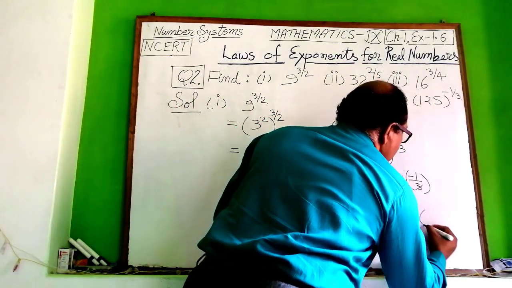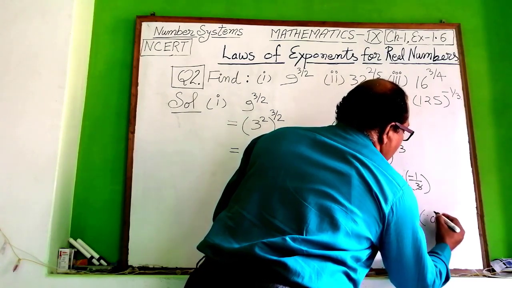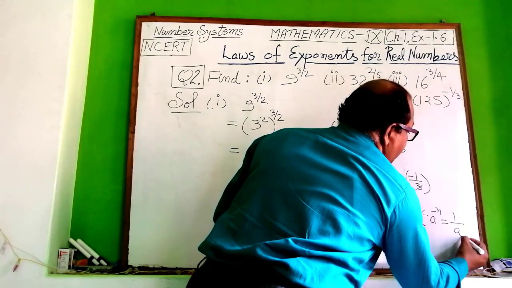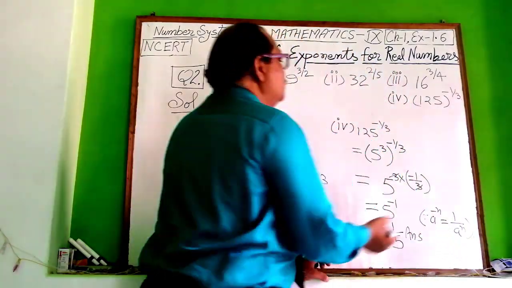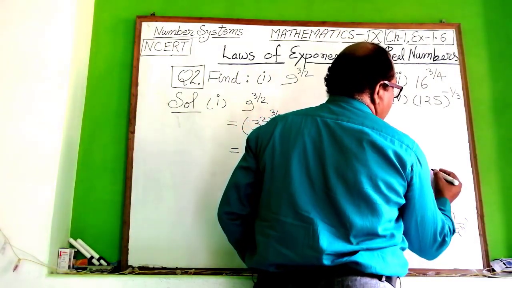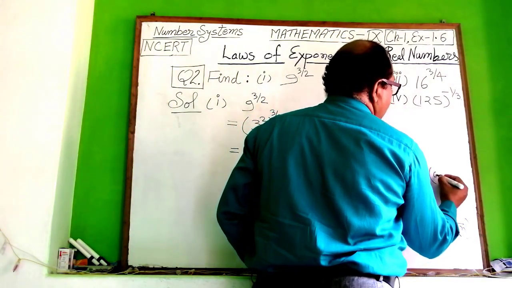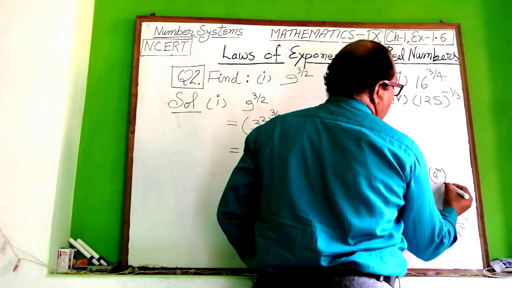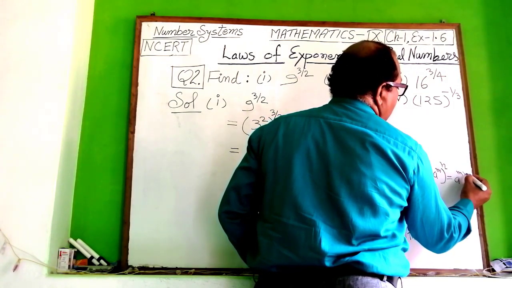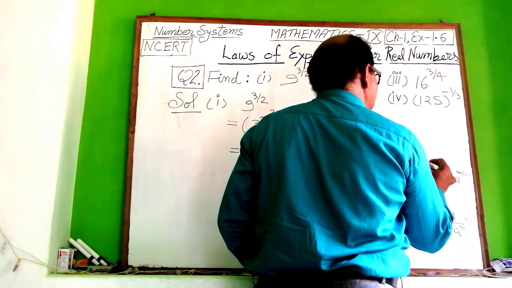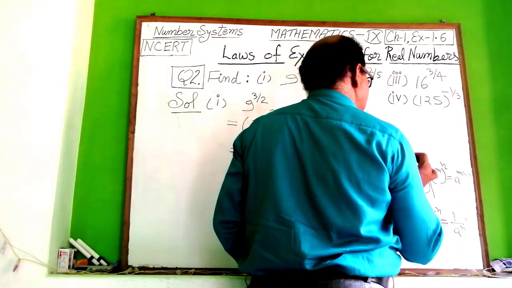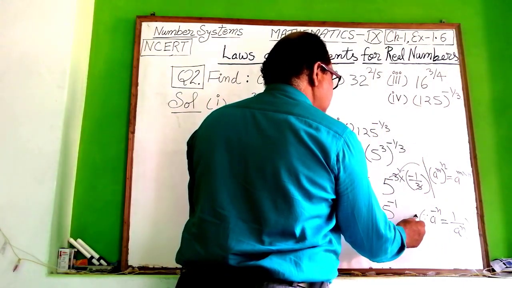Here we applied the rule that a to the power minus n can be written as 1 upon a to the power n. And we also applied the rule a to the power m whole to the power n is equal to a to the power m into n. This rule was applied in this line, and that rule was applied here.